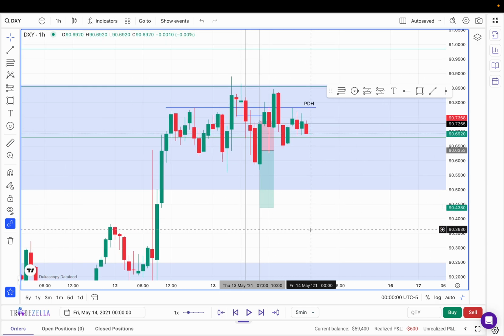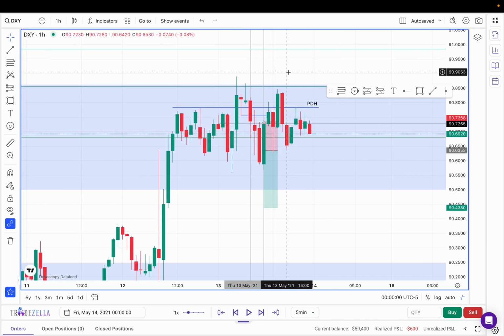It came low, and I have another section in my notes which is New York session bias. And even in that I wrote that I was unsure what New York was gonna do, because initially I was leaning more towards bullish signals.